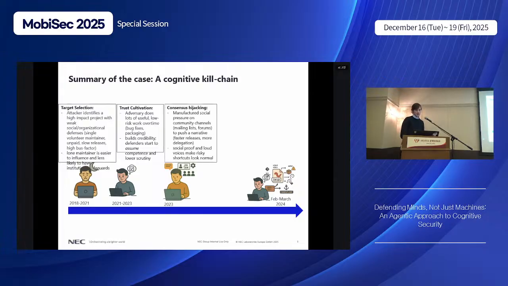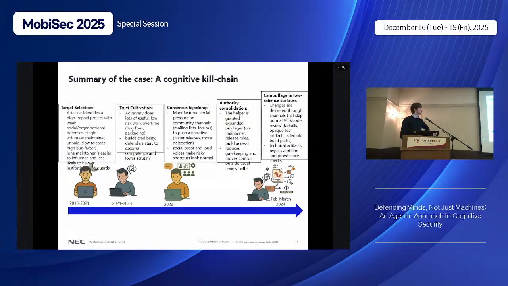This led to them then using the trust they were getting to apply more pressure on the maintainer by creating fake accounts and using the mailing list forums to push a narrative for faster releases and more delegation, which led the maintainer to give them more authority and allow them to make builds and tarballs, which allowed the attacker to create the backdoor and implement it into one of the releases.